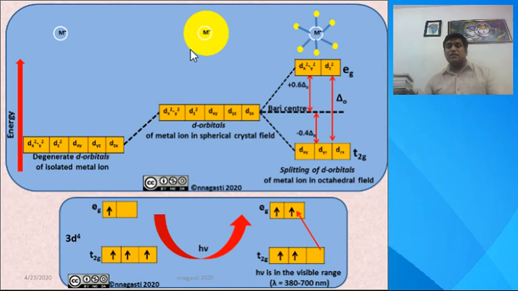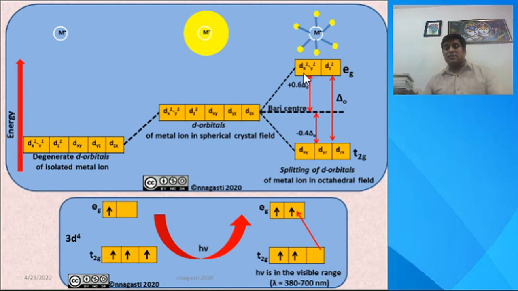When this metal ion is approached by ligands, as long as the repulsion is uniform, the energy of the d orbitals will of course be higher than the free metal ion, but all are degenerate. Once these ligands form a complex, there is a repulsion between the electrons of the ligands and the electrons in the d orbitals.